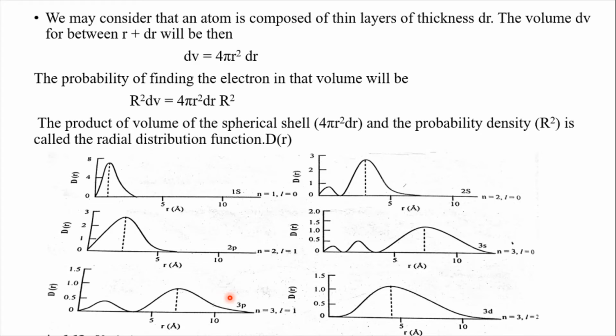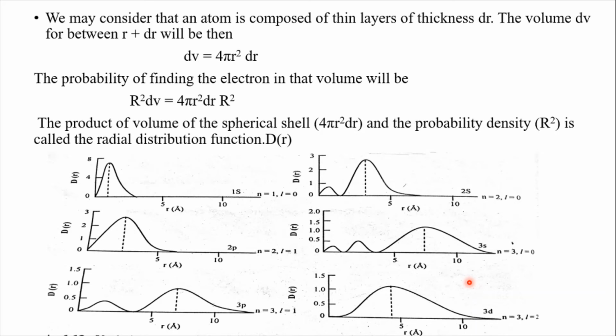The next observation is that at a large value of r, the radial probability approaches 0. See, at higher values of r, it is becoming 0. Why is it so? What information do we get from this? The probability of finding the electron will approach 0. That is, the most probable distance increases as the principal quantum number increases.